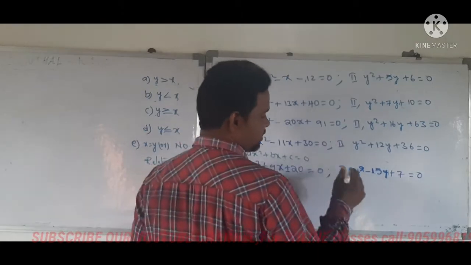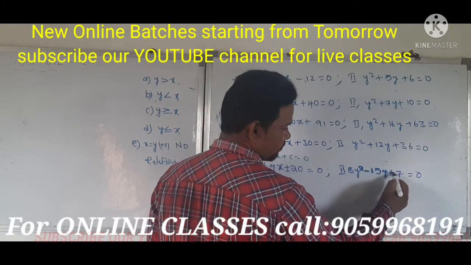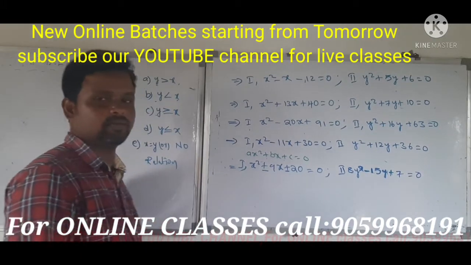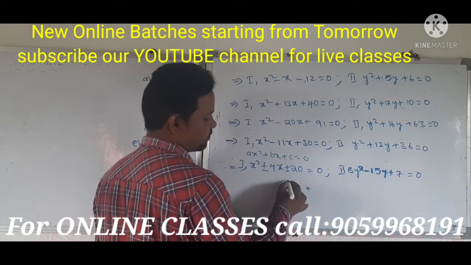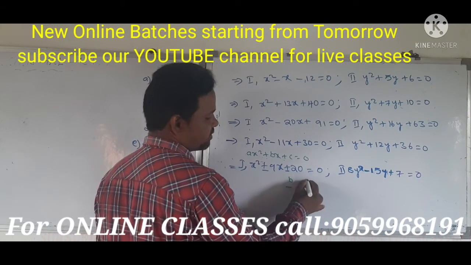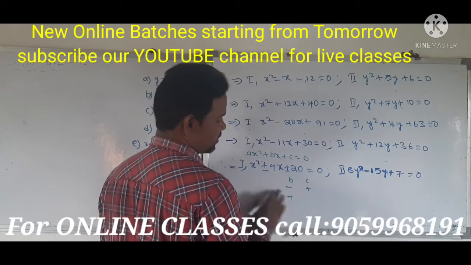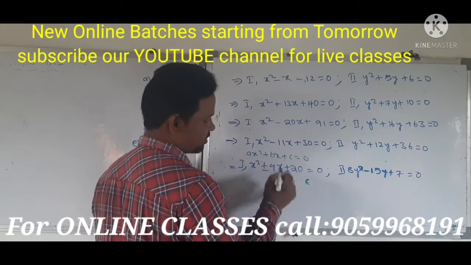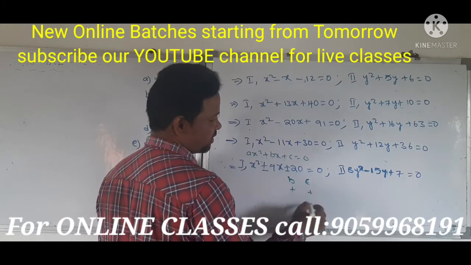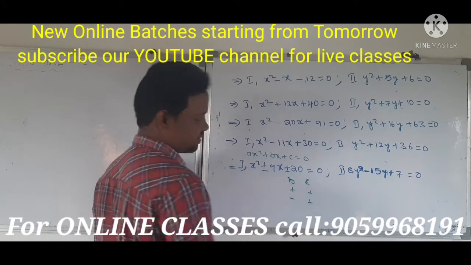In the other case, here the B sign is minus and the C sign is plus. So for the B and C signs, in case of x it is plus and plus, in case of y it is minus and plus.